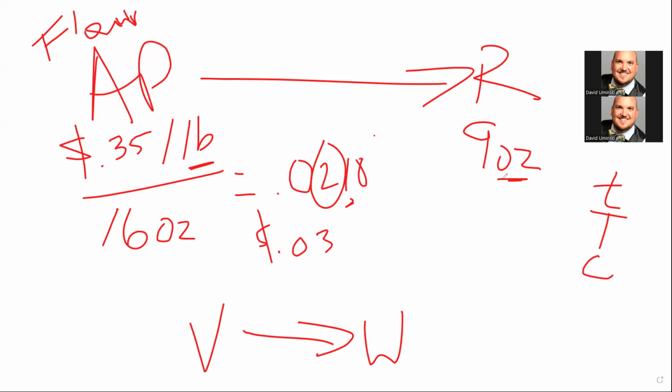3 cents per ounce. Yep. Okay. Yeah, because it's already two decimal places. There's no rounding needed for that one.